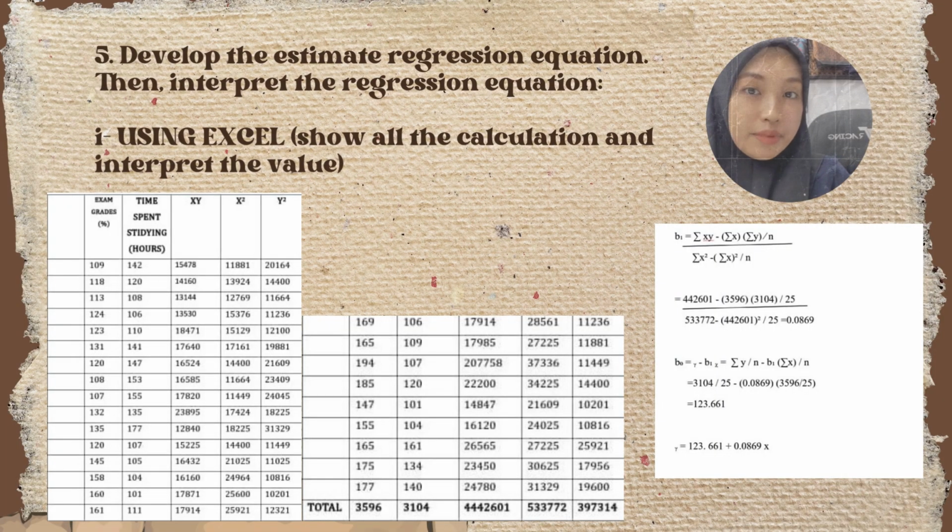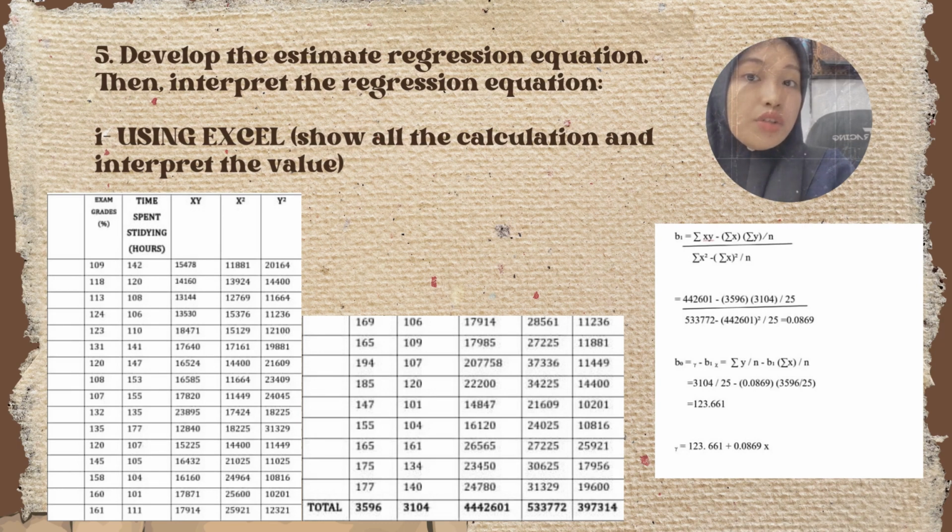This is the estimated regression equation that I found from the data of 5 columns, and I have interpreted the regression equation. The numerator is XY, 442,601, minus the sum of X, 3,596, times the sum of Y, 301,004, divided by n, the sample size, which is 25 in one column, and then divided by the sum of X squared, 533,772, minus 442,601 squared, divided by 25.